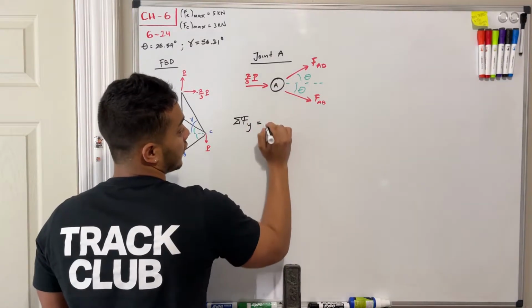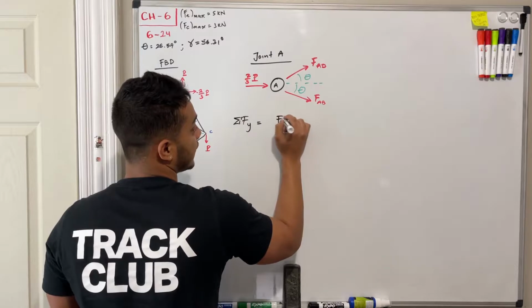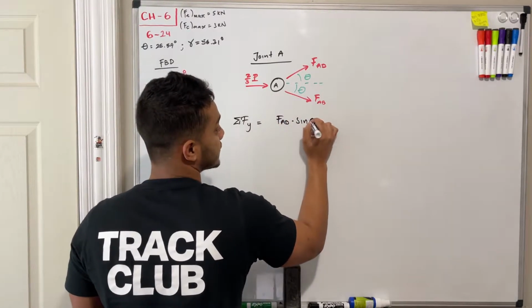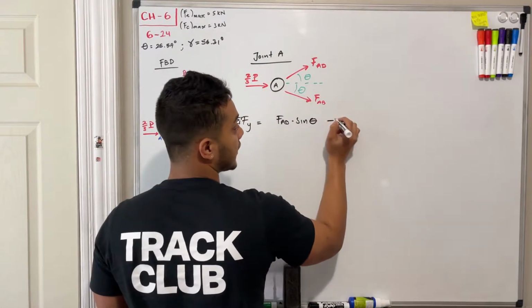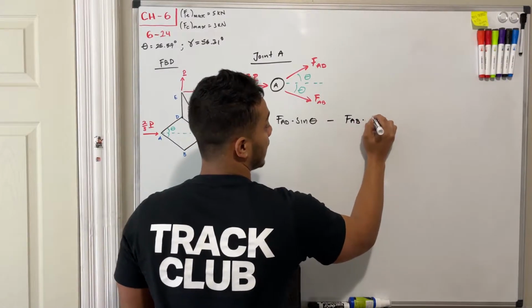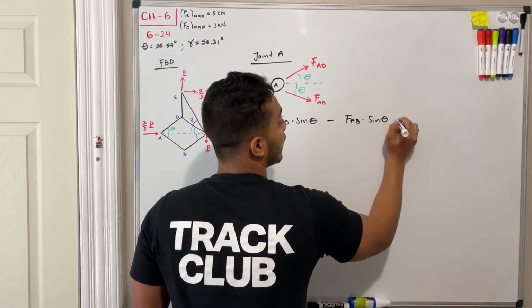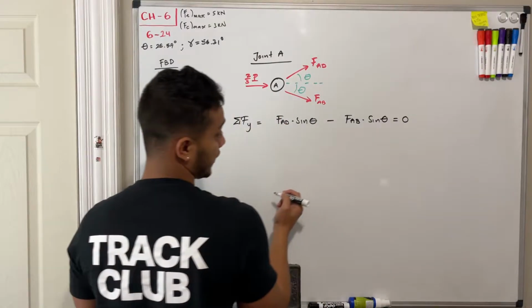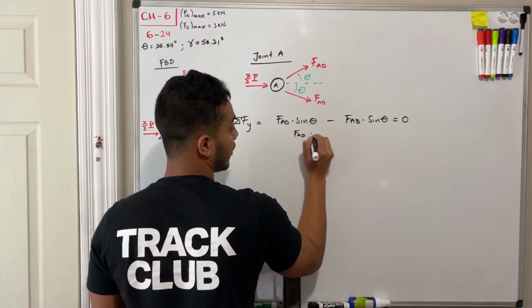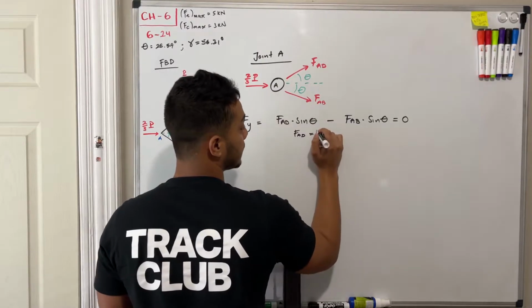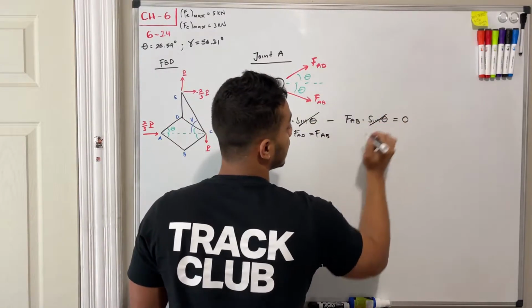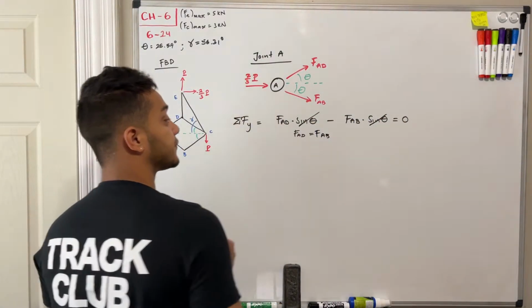So we got positive FAD going up multiplied by the sine of its angle, so theta, minus FAB multiplied by the sine of theta as well, and this should be equal to 0. So if we solve for one with respect to the other, we will find out that FAD will be equal to FAB, because these sines of theta will cancel out each other.